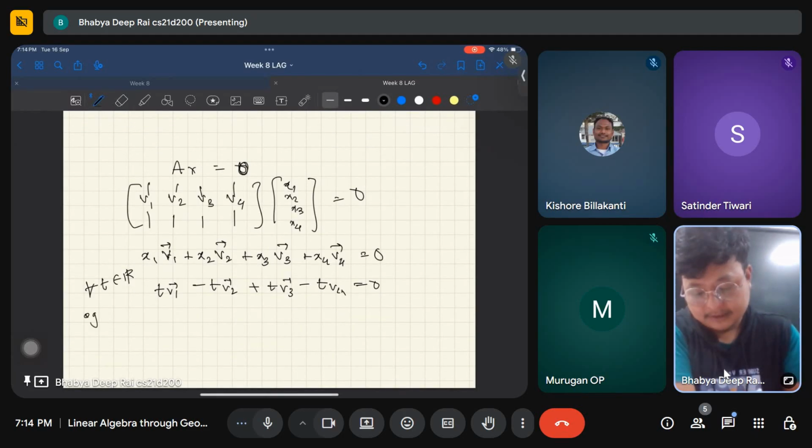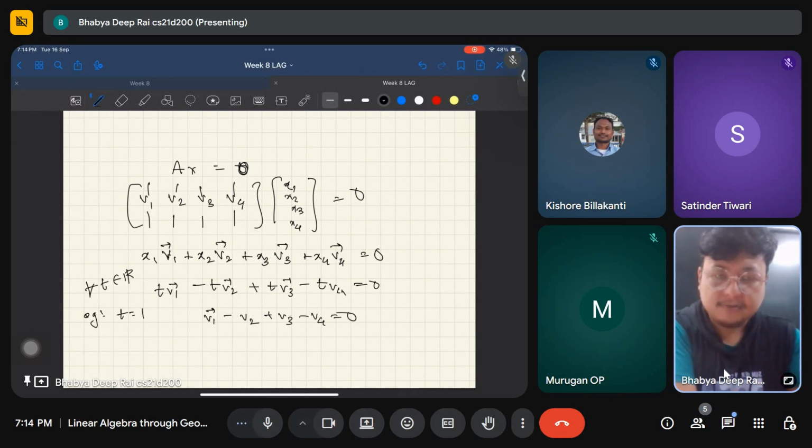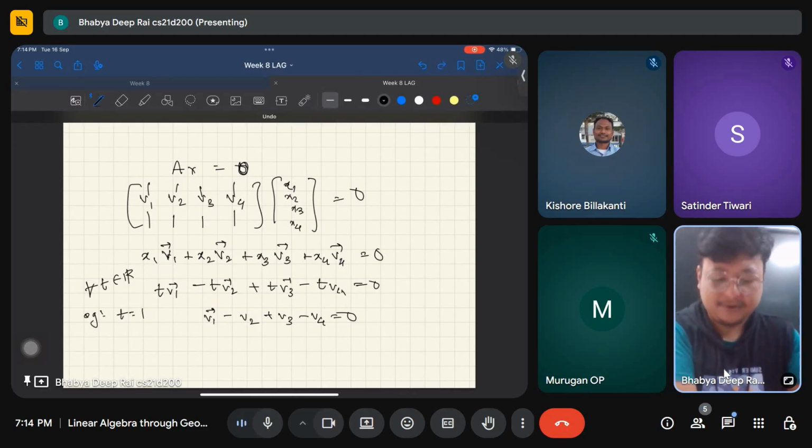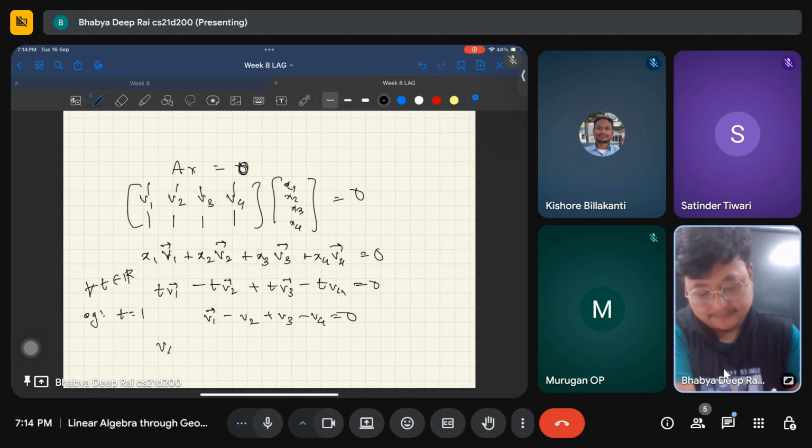For example, if I set t equals 1, I'll have v1 minus v2 plus v3 minus v4 equals 0. If I shift v4 there, v4 is equal to v1 minus v2 plus v3.